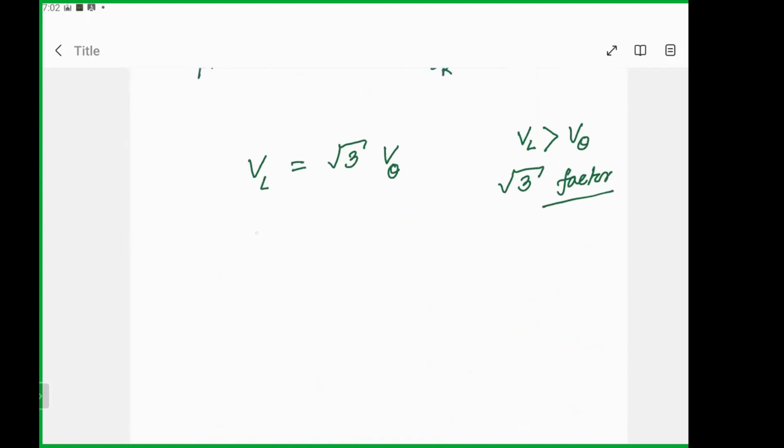Now, what is the relation of the line current IL with the phase current Iθ?